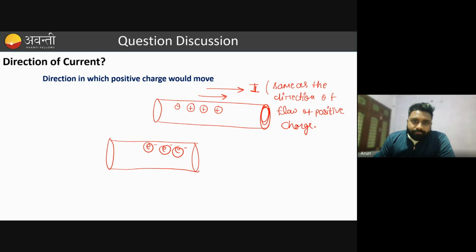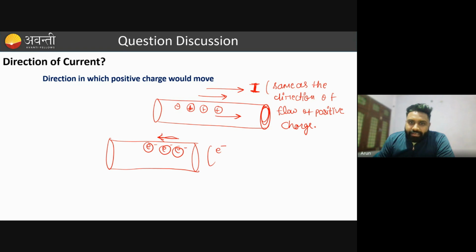But at that time, when we defined the current, the electron was not yet discovered. So that is why we assume that the direction of flow of current is the direction of flow of positive charge. And since we assume that, the electron moves opposite to the direction of positive current, because if positive charge is moving in this direction, the electron will definitely move in the opposite direction.